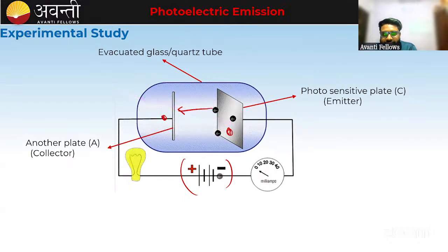And if the electron comes here, it will make through this circuit, and circuit will complete. The current will be showing here. ठीक है, in the galvanometer, because the measurement is very very less. Milliampere में we are measuring.